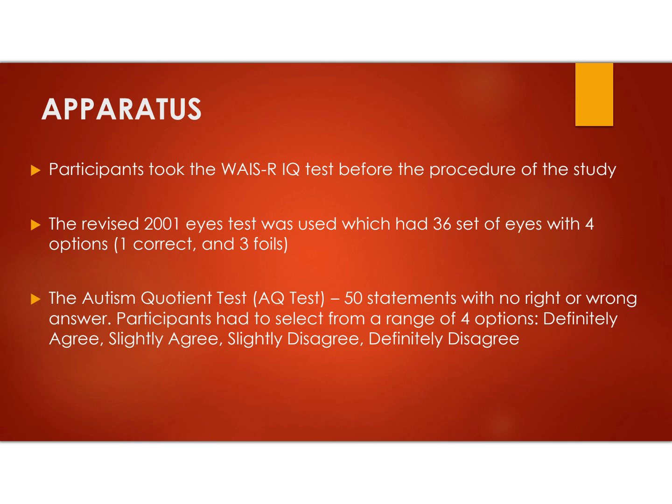So I'll give you a very simple example. One of the statements on the AQ test is, I find social situations easy. Slightly agree, definitely agree, slightly disagree, definitely disagree. And you just have to pick whatever option you think is applicable to you and your personality.